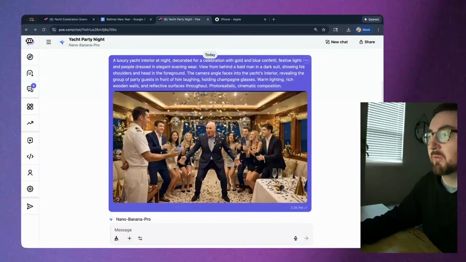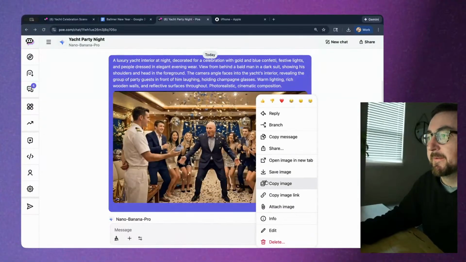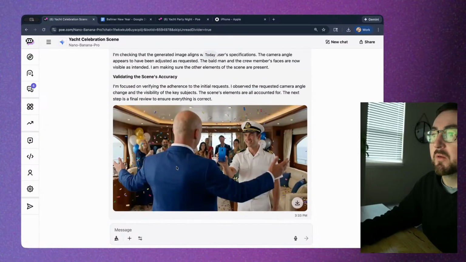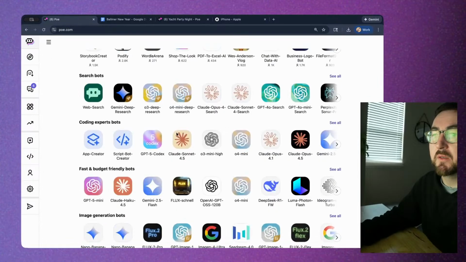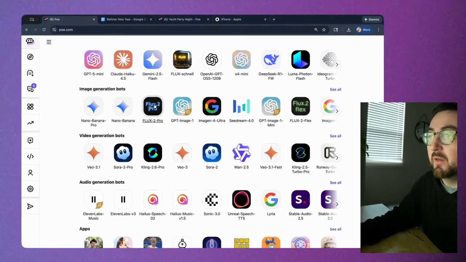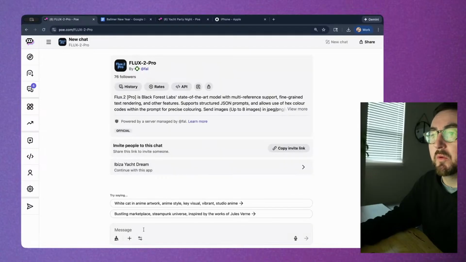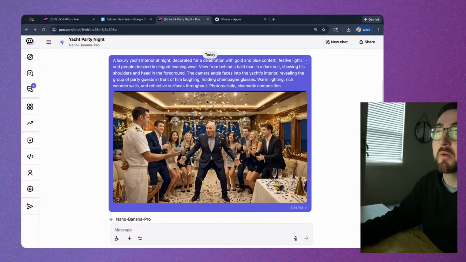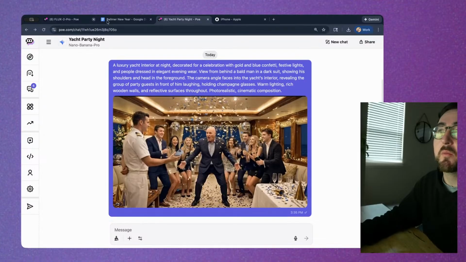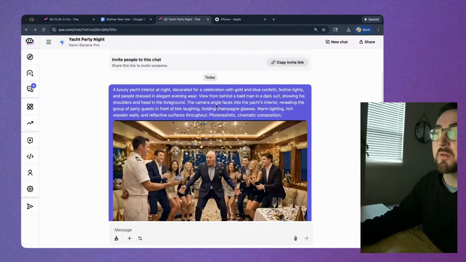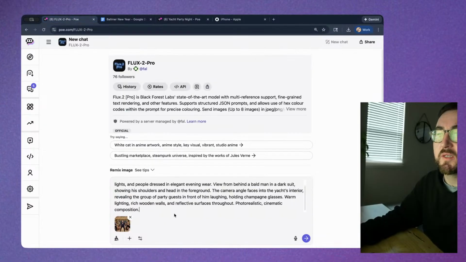Okay, so when I reach the limits of a model, I tend to flip around to a different one. So now I'm going to try Flux 2 Pro with the similar prompt that we just had. What was it? See if this one gets it.